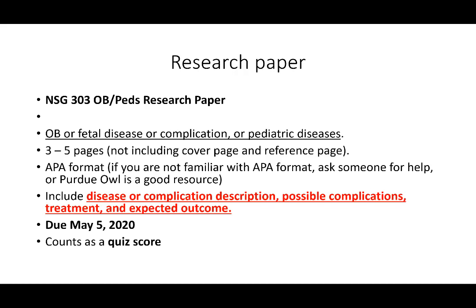You can break your paper up into sections, kind of an outline to get started. So what is the disease? Describe it. What are some of the possible complications? What do they do to treat it, or what can the patient do to treat it? And expected outcome. Shortened life, perfectly cured, whatever it might be.